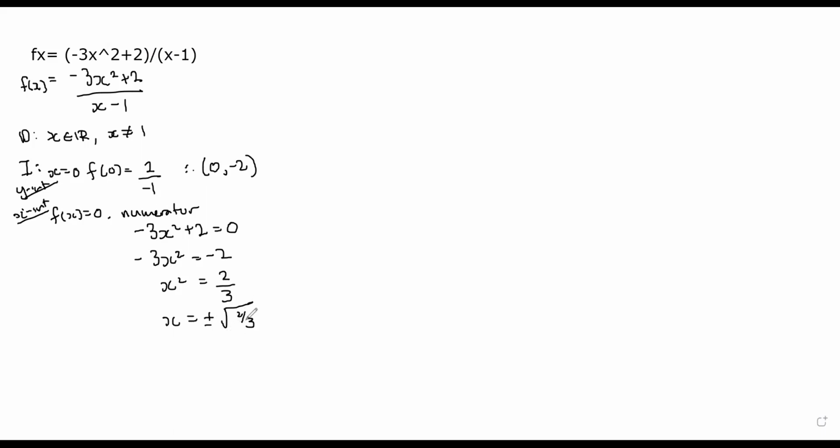And if I want to graph this, it's better to know that this is approximately 0.82. I'm doing this only for the graphing because it'll help me graph. But if I want it as an algebraic answer, this is totally okay. When you square root, both possibilities have to be considered.